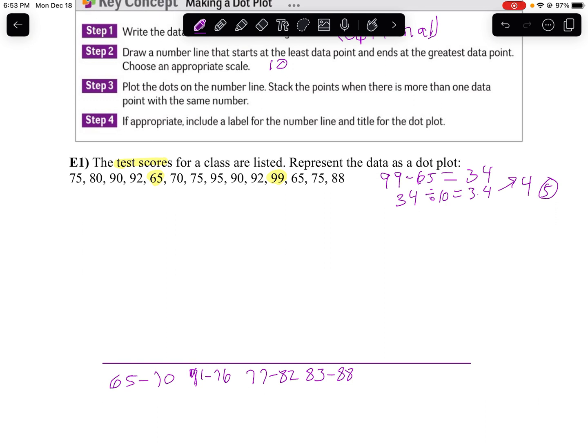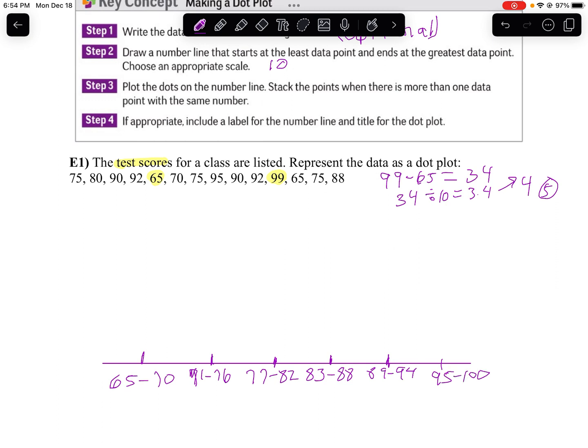And I'll put a tick mark here for each one, by the way. And then 89 plus 5 is 94. And then I'll go 95 plus 5. That'll take me to 100.